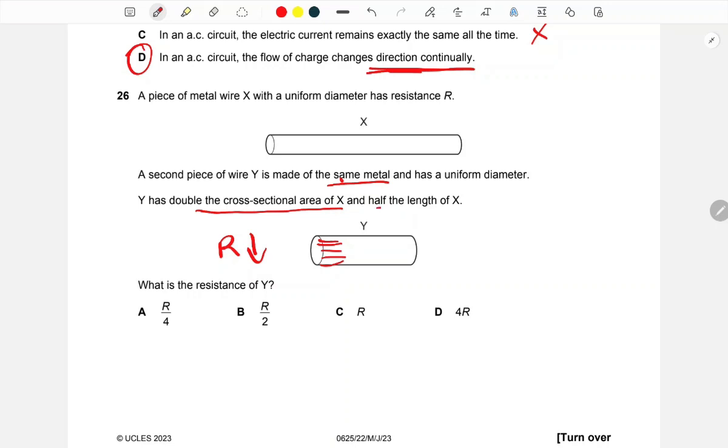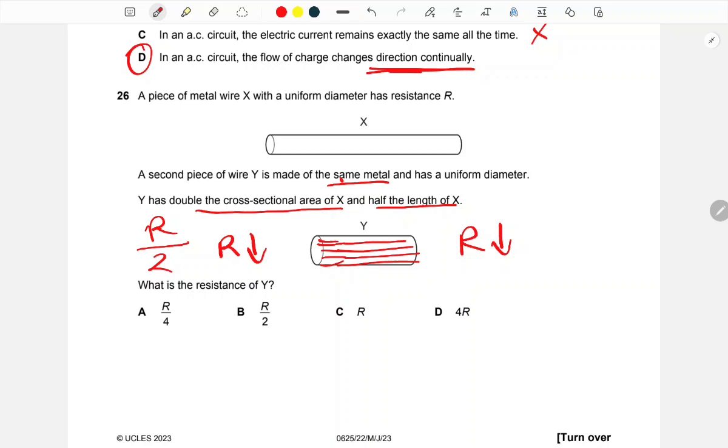And then it has half the length. Since it's half the length, those charges are going to be moving for a shorter distance. So the resistance decreases again. So the resistance decreases because of two factors. It has double the cross-sectional area, so the resistance becomes divided by 2.